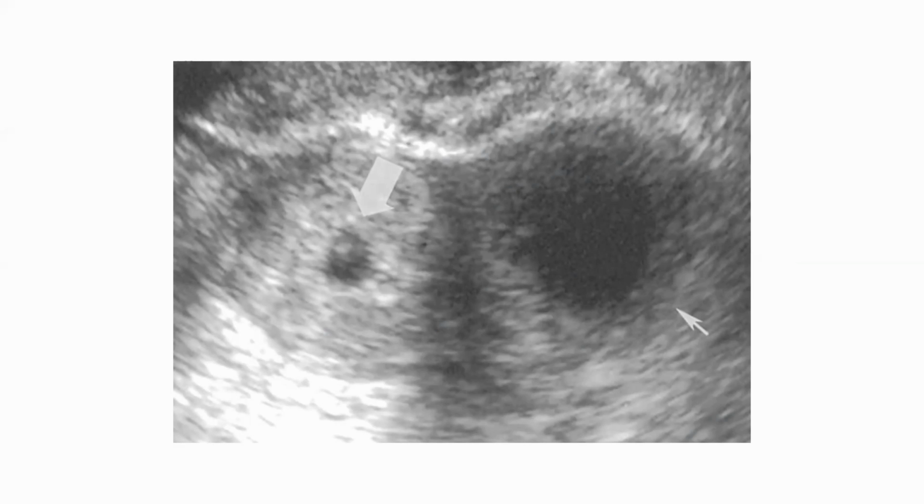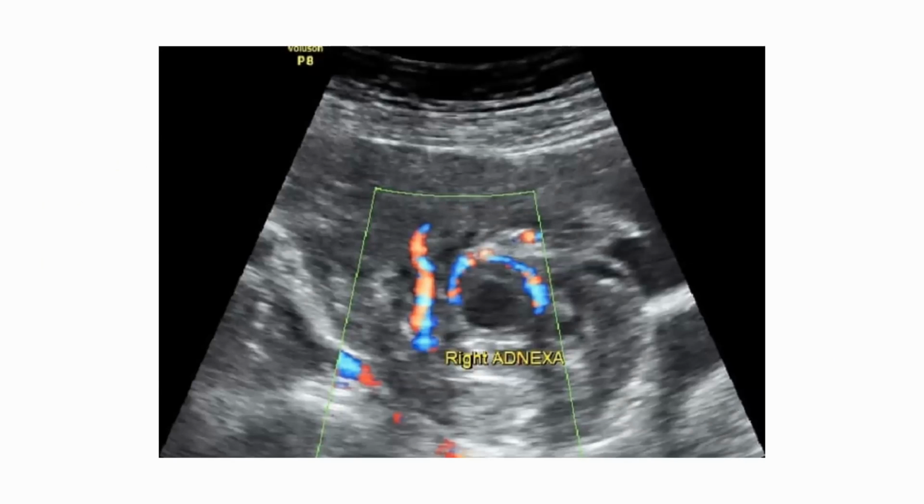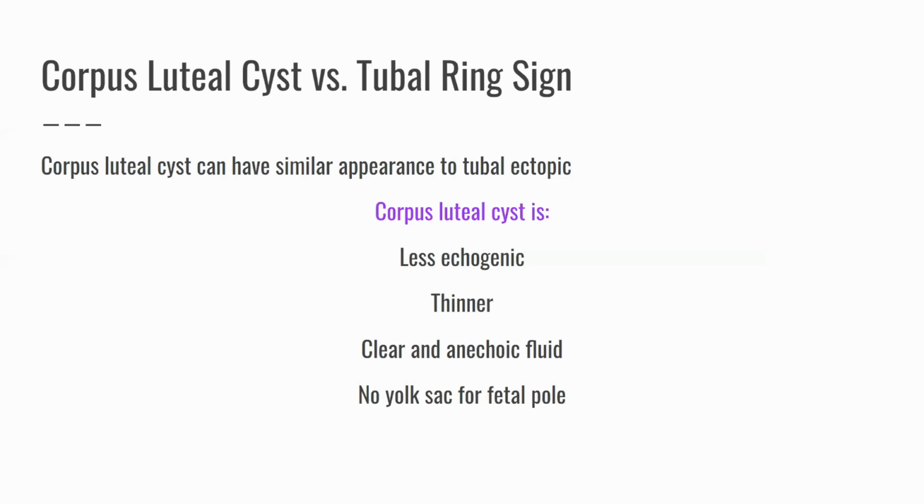With free fluid, an OB consult becomes much more readily obtainable, but you should be calling right away. With a stable patient, you can look for some of these things, and they can help figure out what's going on.